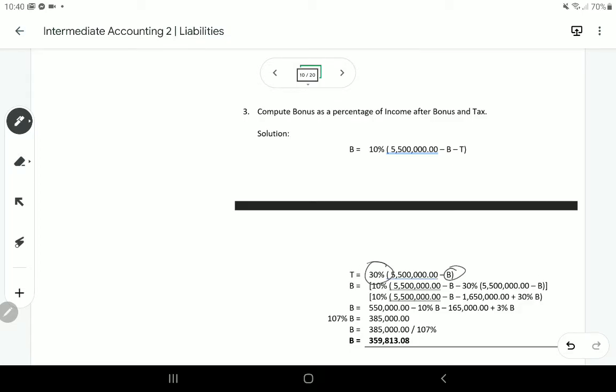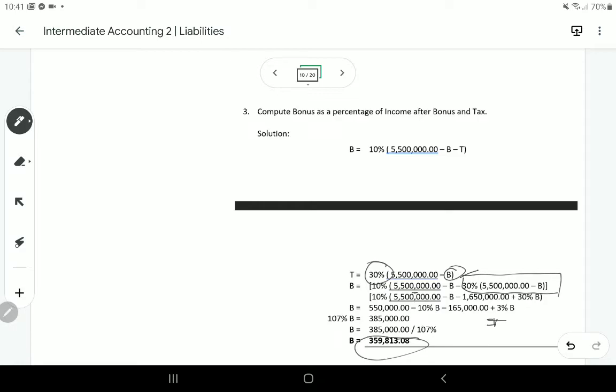Okay? So, computing your bonus now, because you have now the equation for the tax. So, bonus now will be 10% multiplied by the net income minus the bonus minus the tax, which is represented by this formula which we derived earlier. No? So, following all the computation, okay, 10% times 5,500,000, and so on, you will arrive at a bonus of 359,813.18.